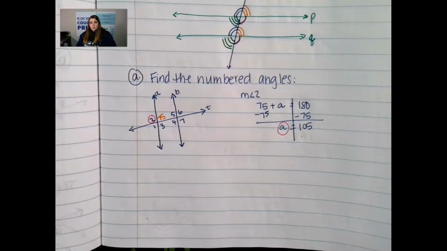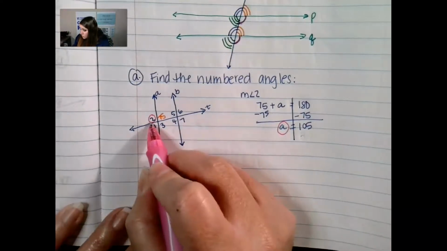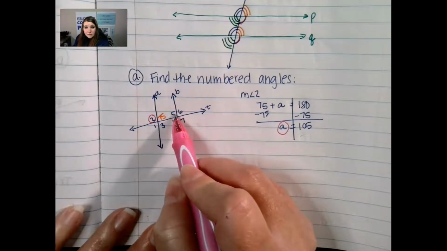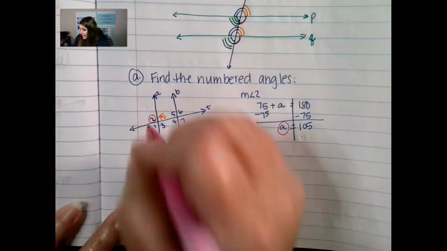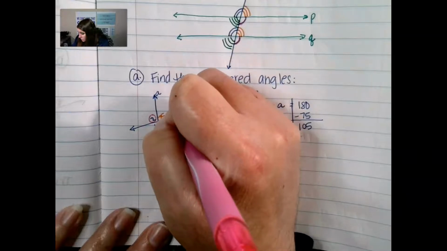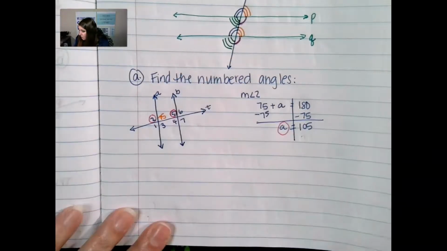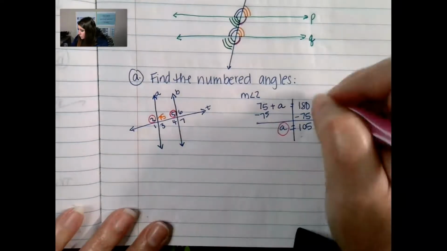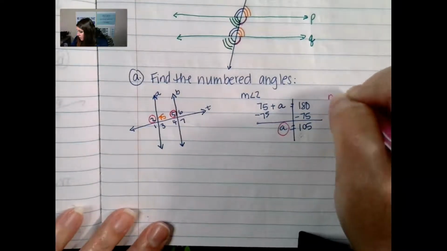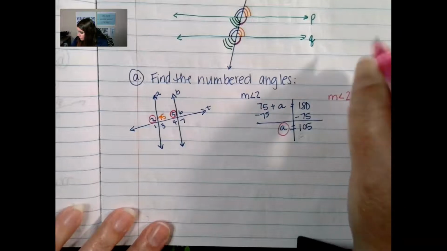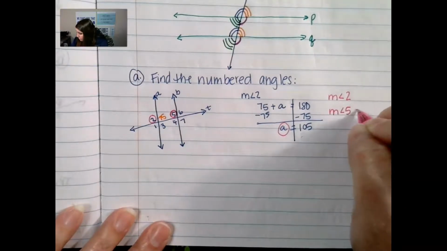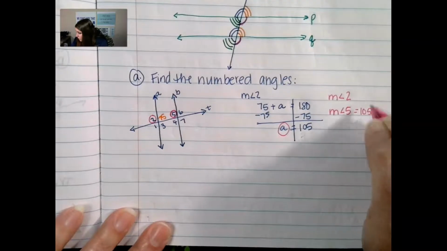So we're going to start looking at same side, same position. 2 and 5, same side. 5 is on the same side, and it's in the same spot as 2. So 5 is also going to be 105. So the measure of angle 2 and the measure of angle 5 both are going to equal 105.